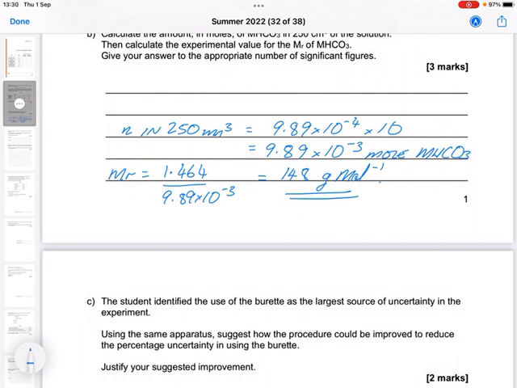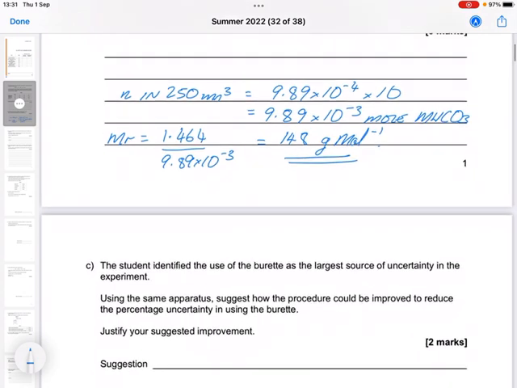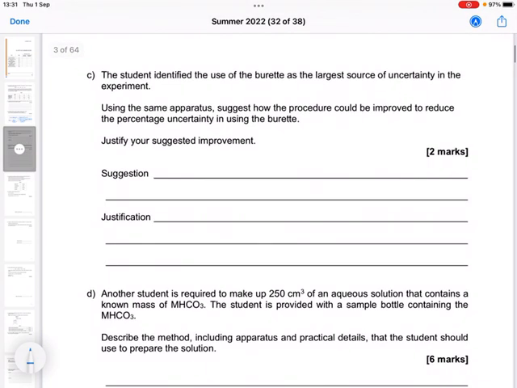In part B there's 1 mark for multiplying by 10 to get the number of moles in 250 centimetres cubed, 1 mark for using the correct mass, 1.464 grams, and then one mark for calculating the MR correctly, 148. Now the student identified the burette as the largest source of uncertainty.